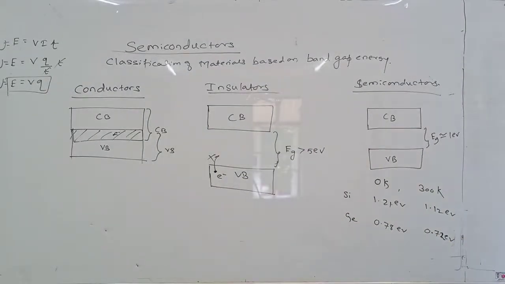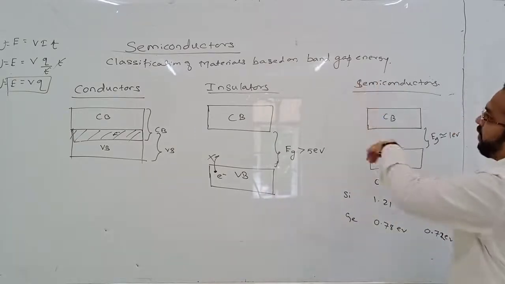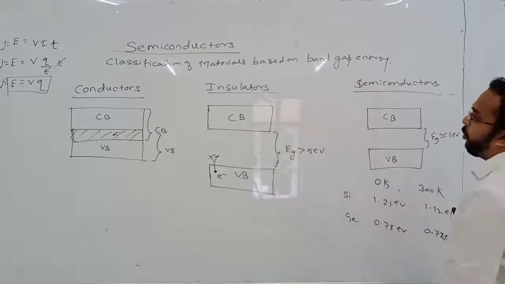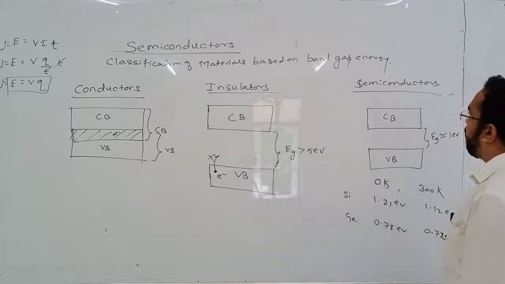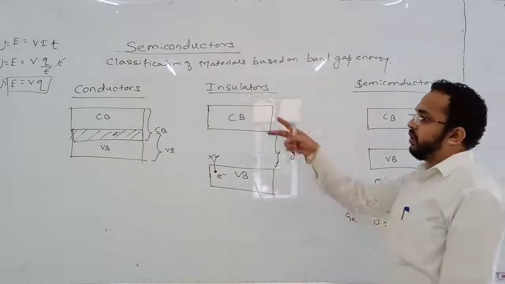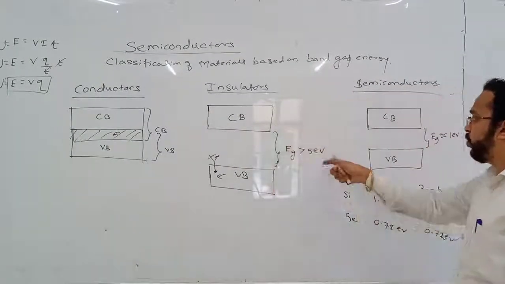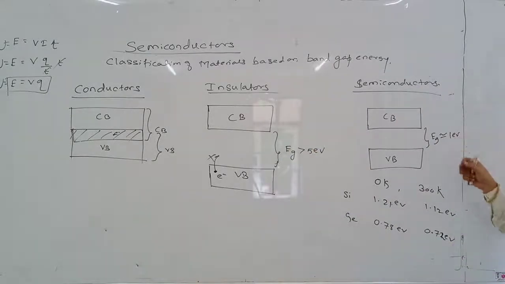Okay? So based on conductors and insulators, and based on the band gap energy, we have classified the material into three parts: conductors, insulators and semiconductors. In conductors the two bands overlap each other. In insulators the band gap is greater than 5 electron volt, and in semiconductors it is nearly 1 electron volt.